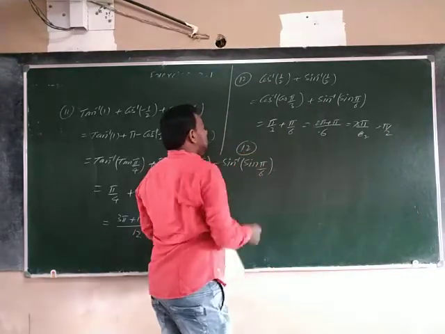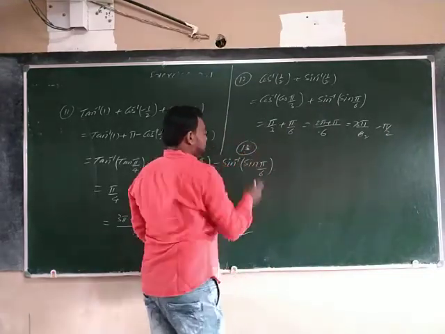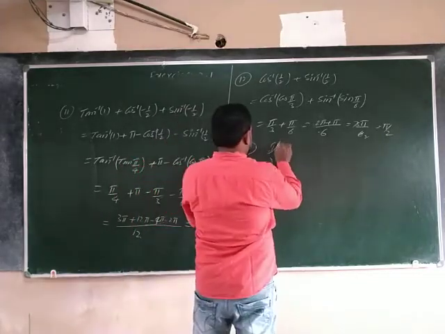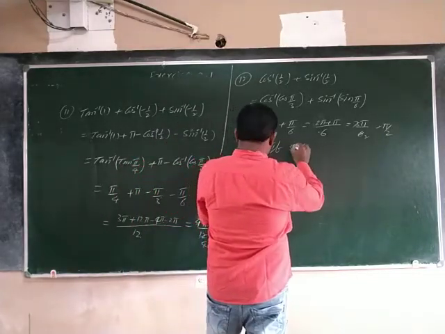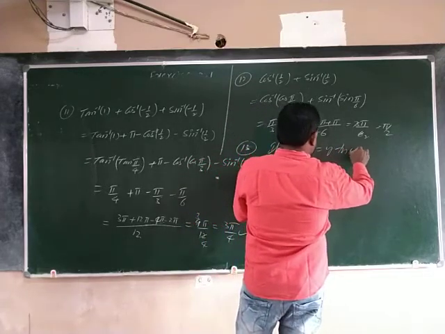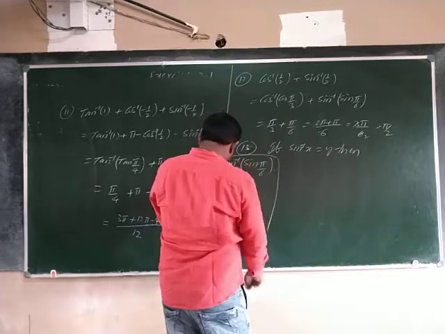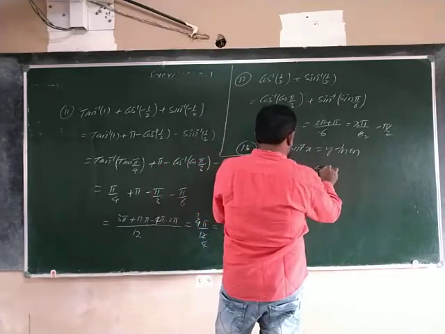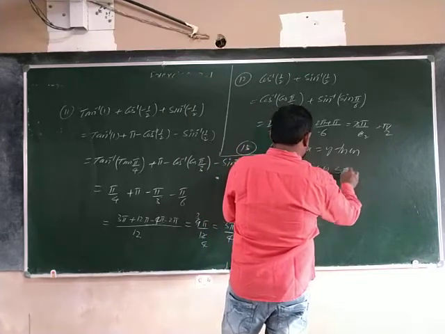Next, the 13th question. If sin inverse of x is equal to y, then the given options: option A, 0 less than or equal to y less than or equal to pi.